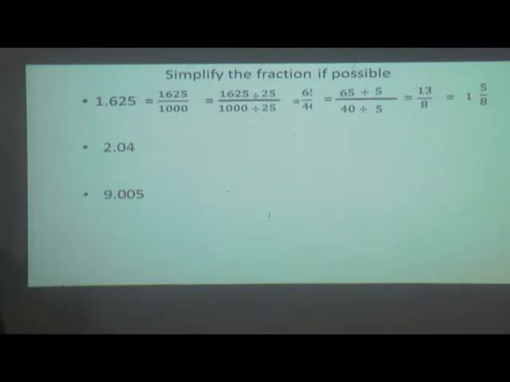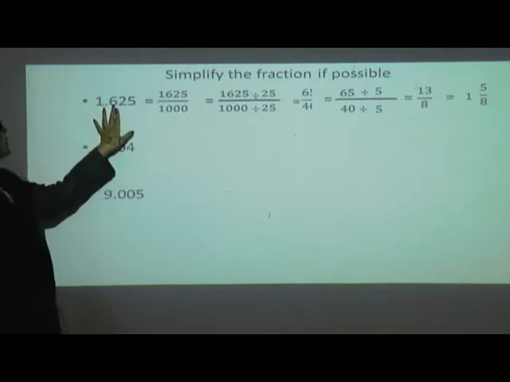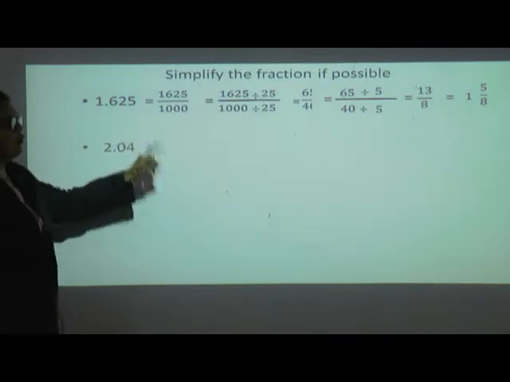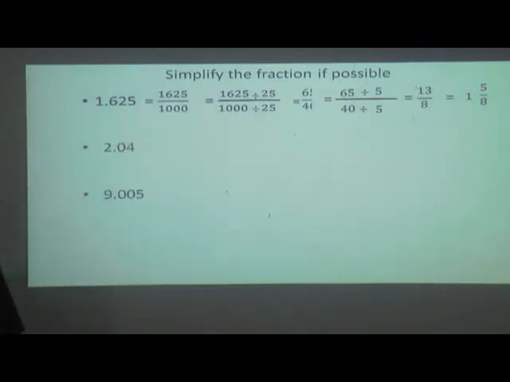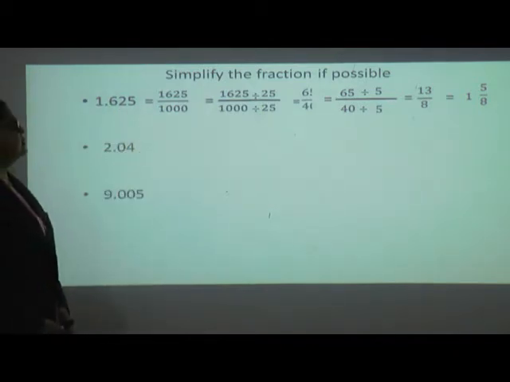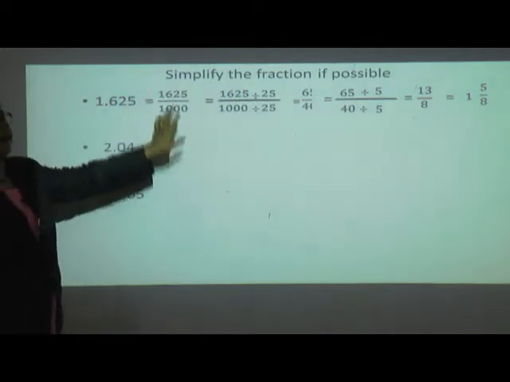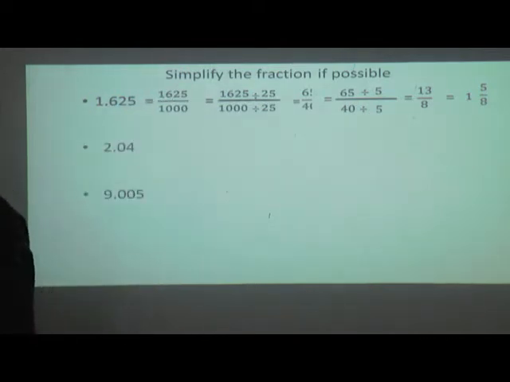First example I will explain, then we will go for the second example. 1.625. Which is first what we had learned before, how to write: first we have to write all the numbers which are there in the numerator.